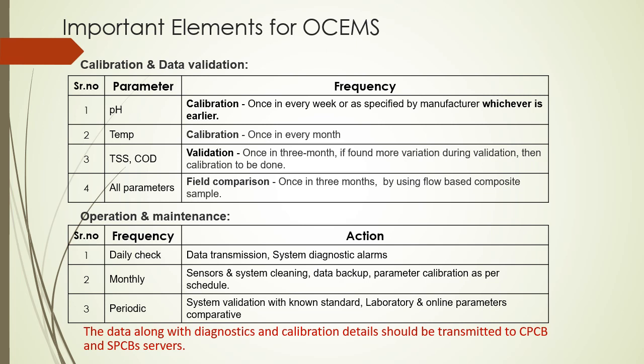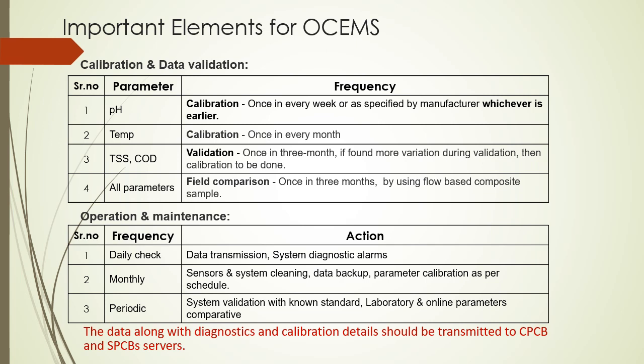Now there are some important elements which we need to check whenever we have a vendor who has done all the installations: what are the requirements post installation. You can see calibration and data validation is very important. For pH calibration, the frequency given is once in every week, or as specified by the manufacturer.